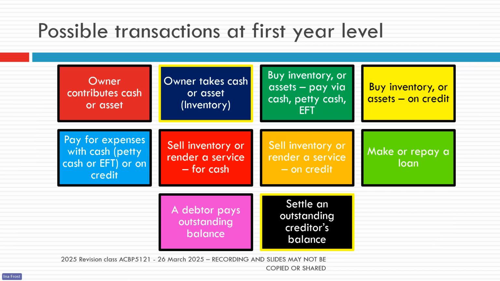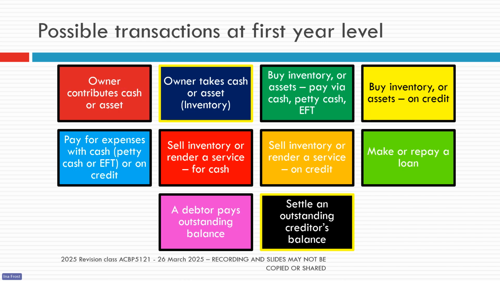Okay, so before the break, we said we're going to now start dealing with the accounting equation, and we're going to look at a set of transactions and how they impact the accounting equation and the general ledger. From a first year, first semester perspective, there's really only a handful of transactions that the majority of the test questions will be based around.